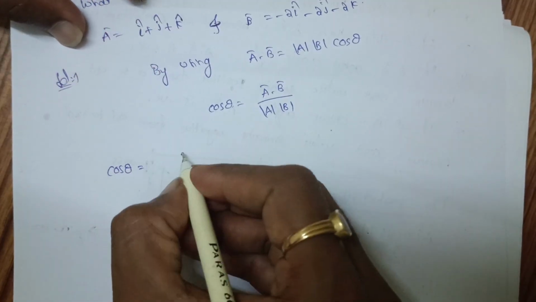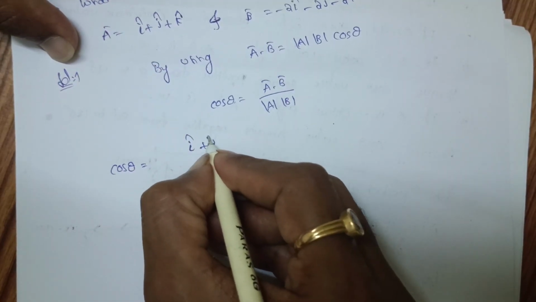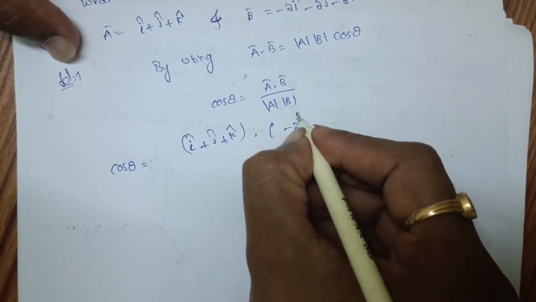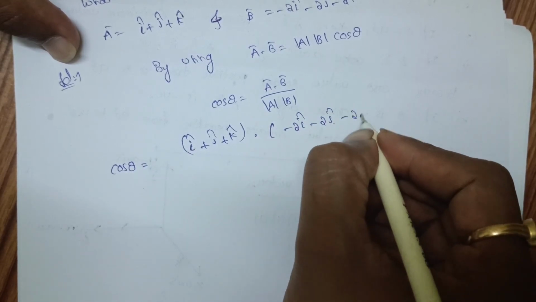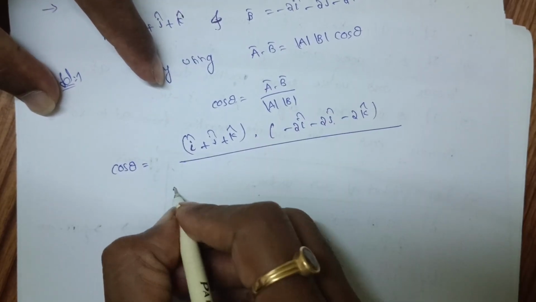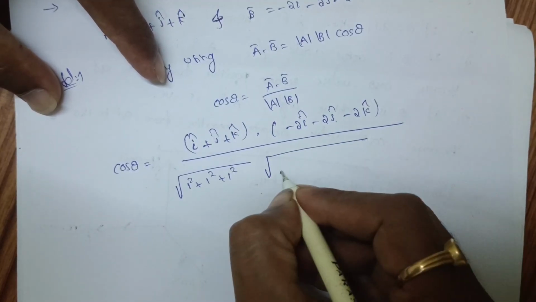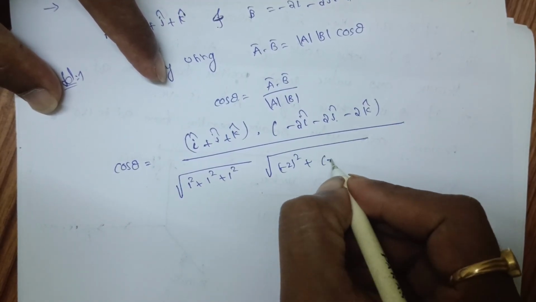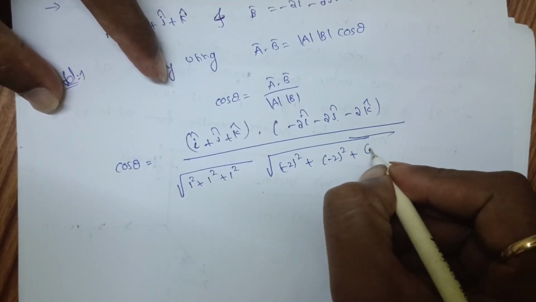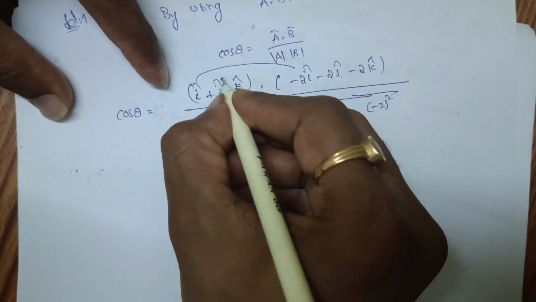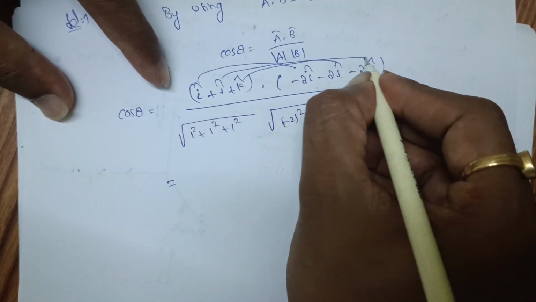Then cos theta is equal to (i + j + k) dot (minus 2i minus 2j minus 2k) by root of 1 square plus 1 square plus 1 square, times root of minus 2 square plus minus 2 square plus minus 2 square.